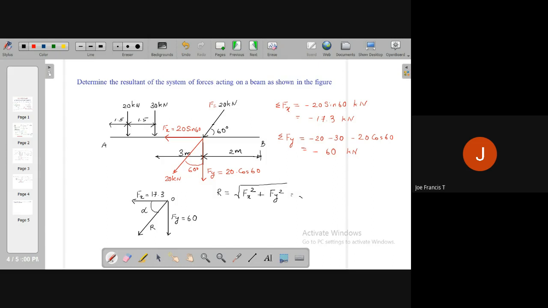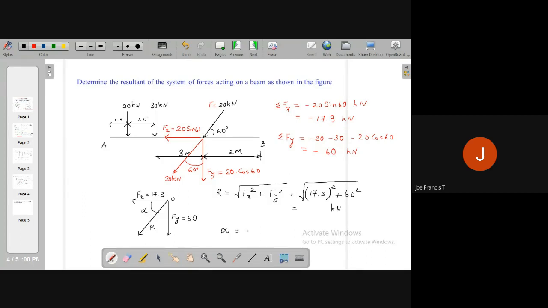So that will be equal to the square root of 17.3 the whole squared plus 60 squared. So you get a value for R, so many kilonewton. And also you need to find alpha.